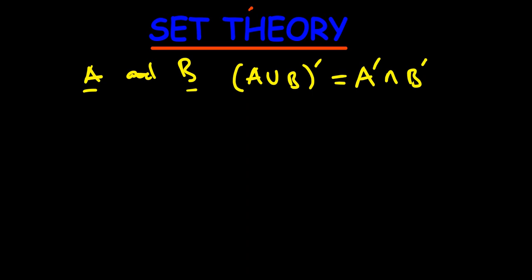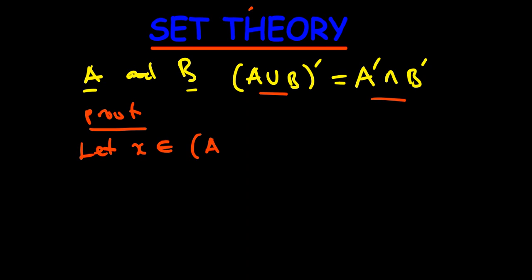We say two sets are equal if and only if each is a subset of the other. So that's what we must show. So proof. Let X be a member of (A union B) complement.